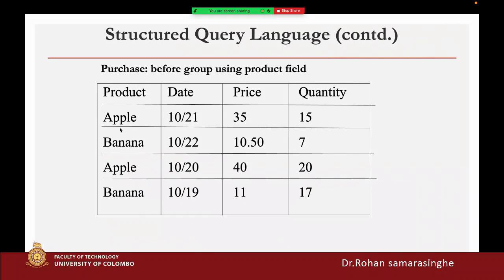If you want to get the total sales for the apple and the banana, in this date the price 35 into 15 plus in this date 14 into 20, and the banana in this date 1050 into 7, in this date 11 into 17. So you have to get it as groups, apple group and the banana group.